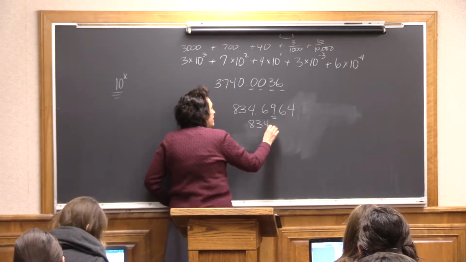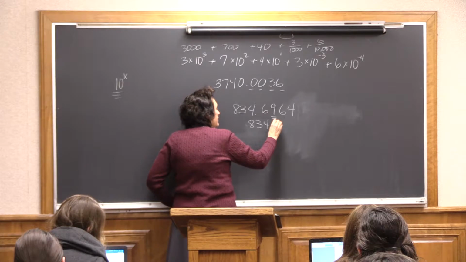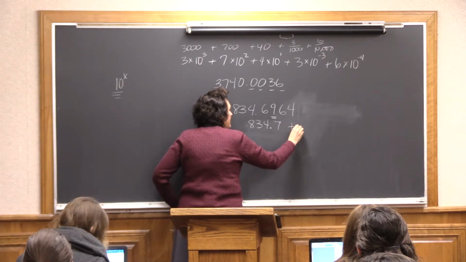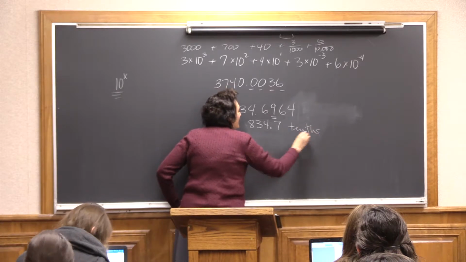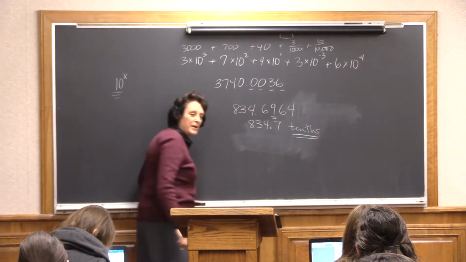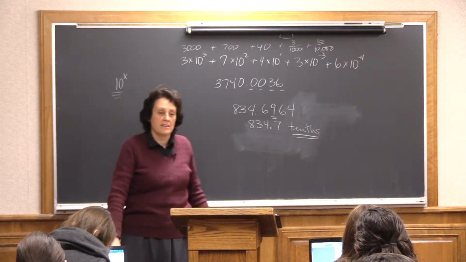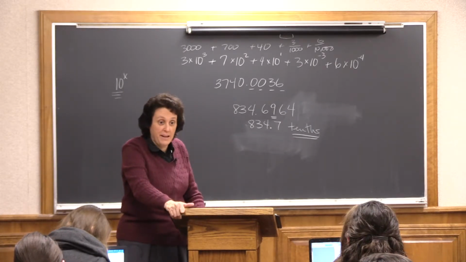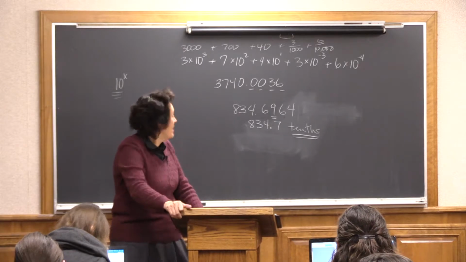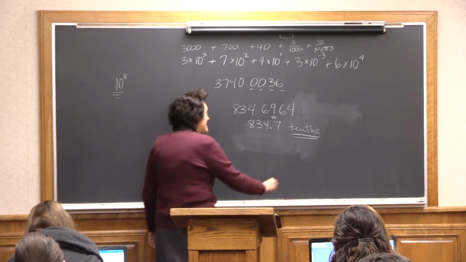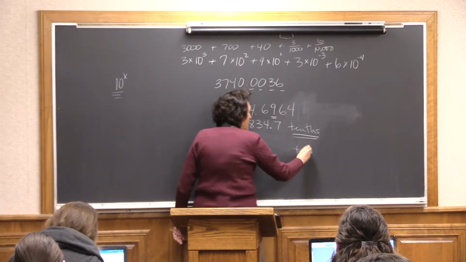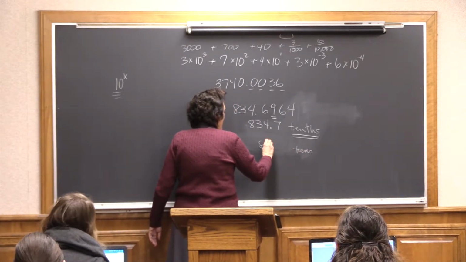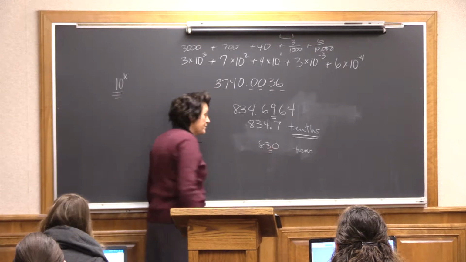Tenths. Okay. If the directions say round it to the nearest tenth, then it ought to read that way, right? Or if I want this rounded to the nearest tens, that one doesn't quite work because it's 830, but this still is the tens place.